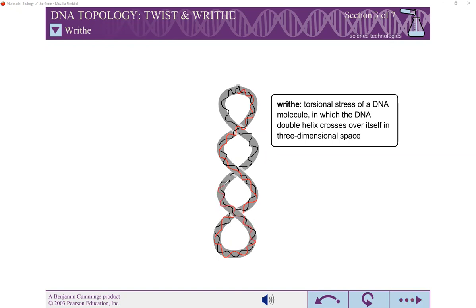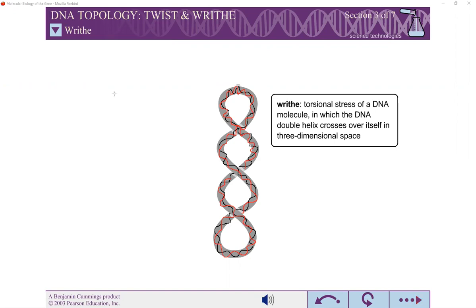Now you can find that the double-stranded DNA molecule is actually packed over itself. Then it leads to the structure that is referred to as writhe, because the double-stranded DNA is packed over itself.